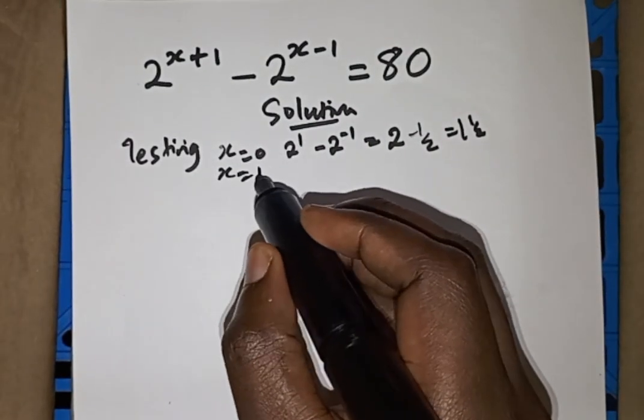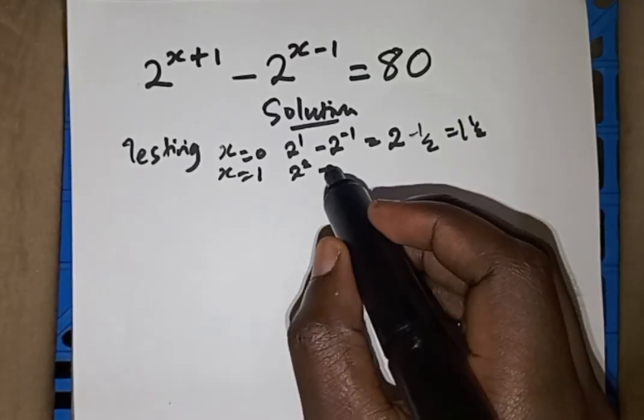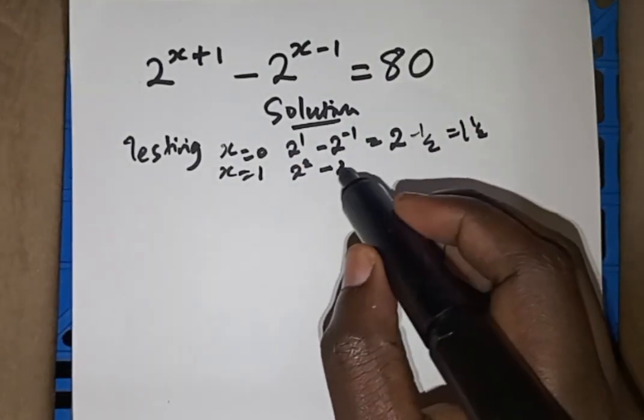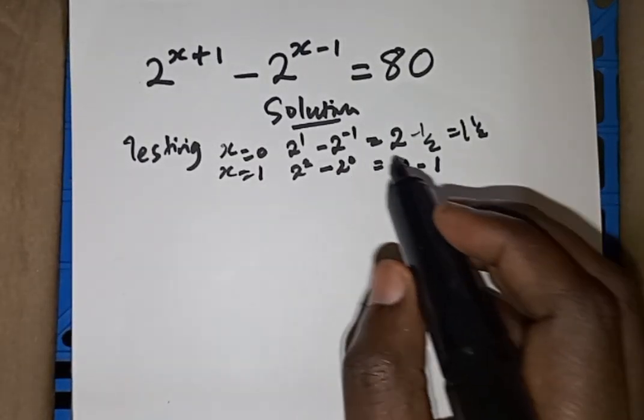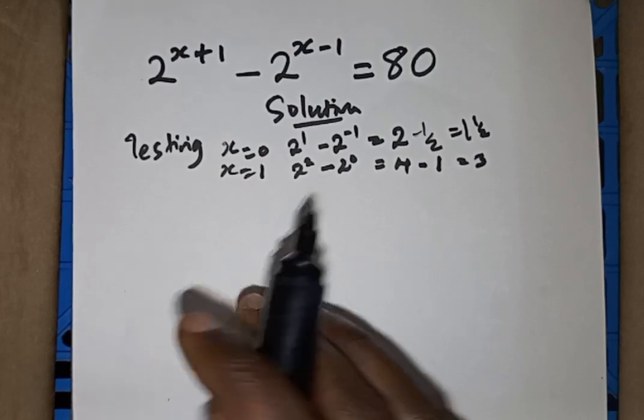Let's test when x is equal to 1. Then this becomes 2 power 2 minus 2 power 0, that is 4 minus 1, because 2 power 0 is 1. So x cannot be equal to 1.